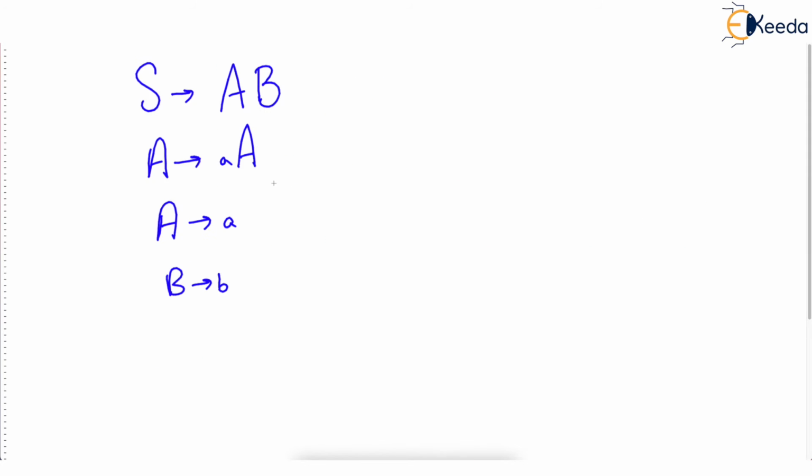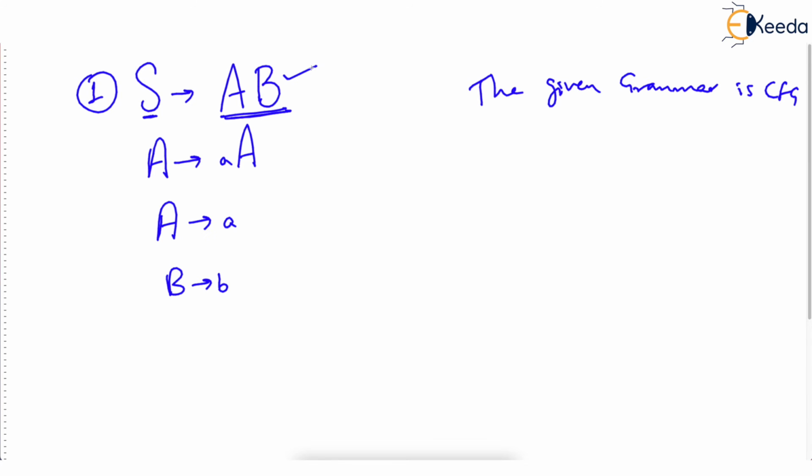As another example, you see this grammar. Again, the given grammar is a context-free grammar, is CFG. Let's see the first production. A single non-terminal derives exactly two non-terminals. So this follows the Chomsky normal form rule.